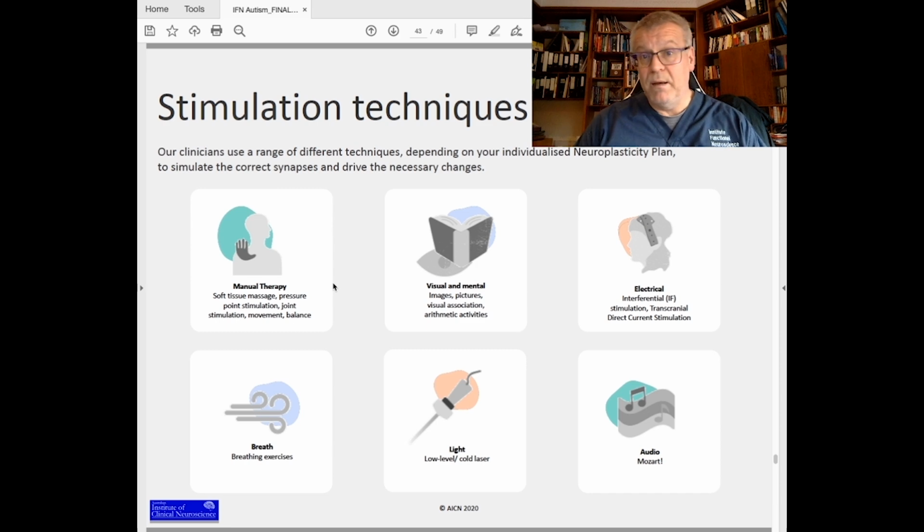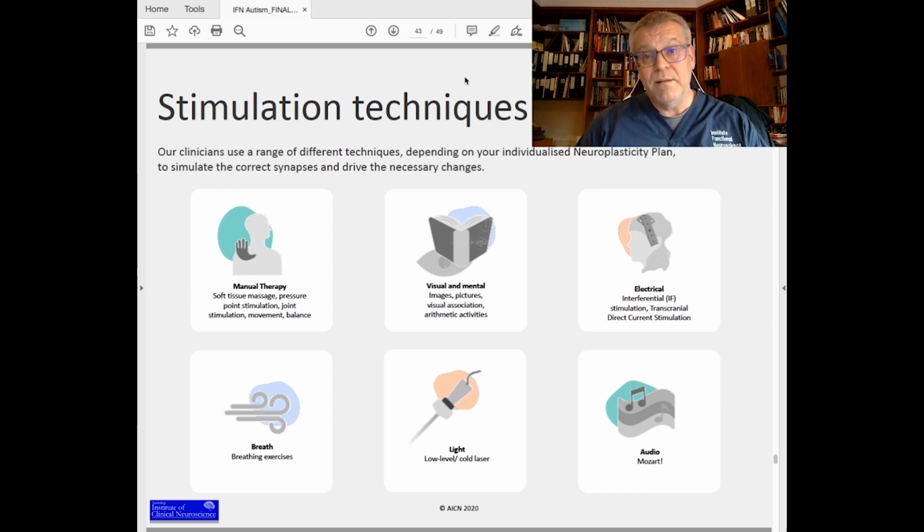Other types of modalities that we use electrical currents with include the transcranial direct current, which is a very, very small current that goes through your brain, and it just helps us to coax your brain to behave the way we want it to.